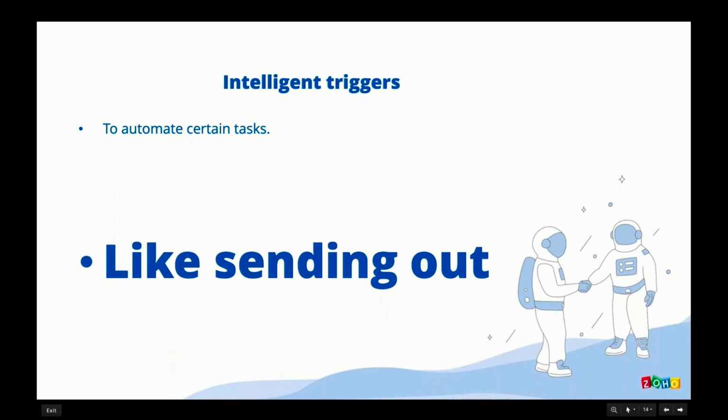For instance, say a customer lands on your website and is browsing the pricing page of a particular car, you can send out a chat invite saying, hey, hi, how are you doing, or are you interested in this particular product. And you can also automate the process of creating mailing lists. Say someone is browsing the vintage cars section, you can create a separate mailing list, and they'll automatically be added to that mailing list.